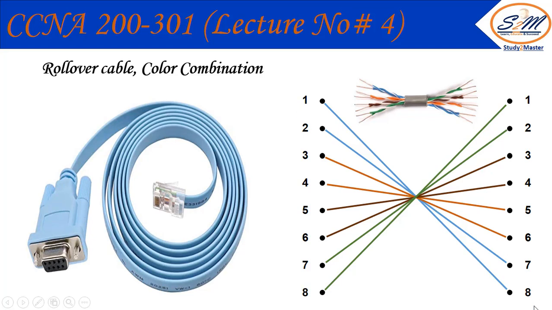Pin 1 goes to pin 8, pin 2 to pin 7, pin 3 to pin 6, pin 4 to pin 5, pin 5 to pin 4, pin 6 to pin 3, pin 7 to pin 2, and pin 8 to pin 1.